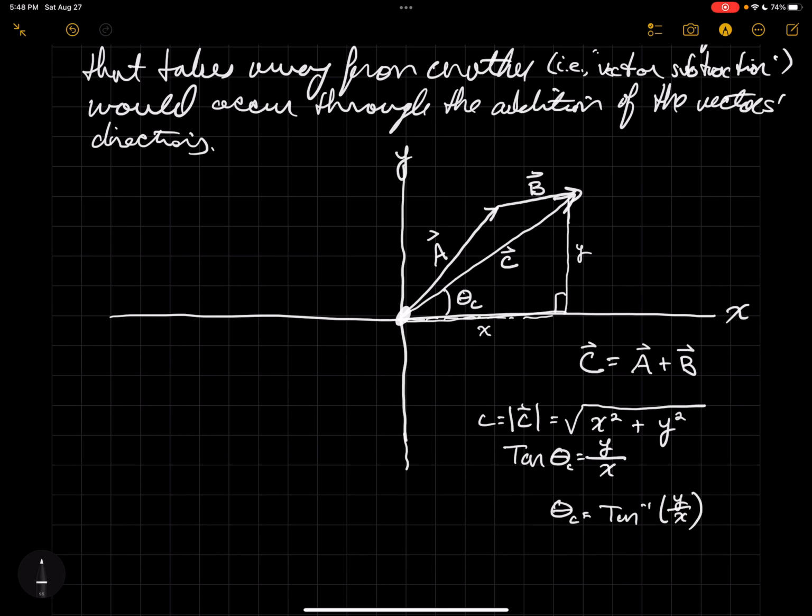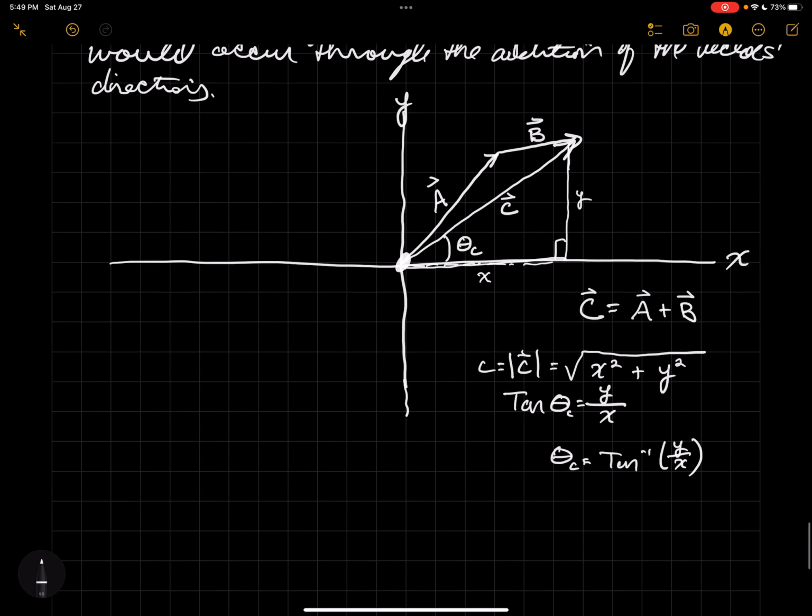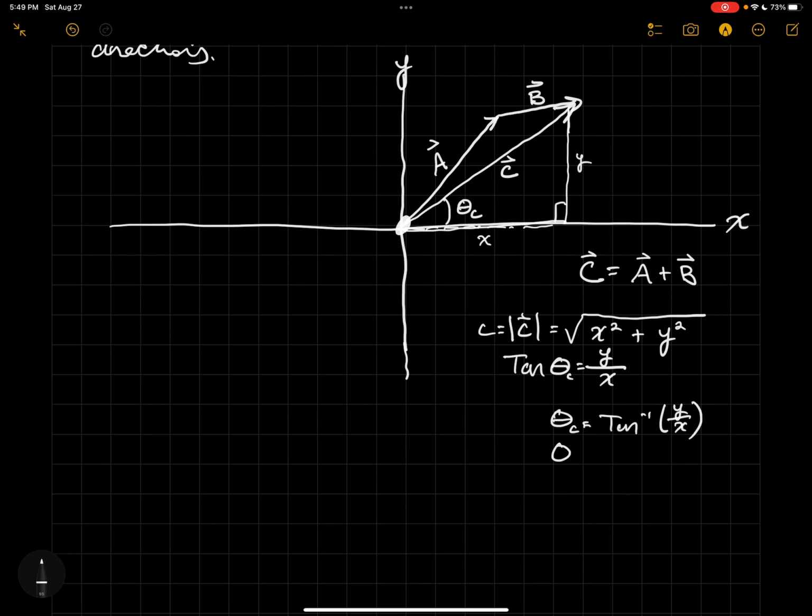And of course, if you already know what your magnitude C is, you can also calculate theta using the inverse of sine, which is the opposite side divided by the hypotenuse, magnitude C. Or you can use the inverse cosine, which is the adjacent side divided by the hypotenuse, the magnitude C.